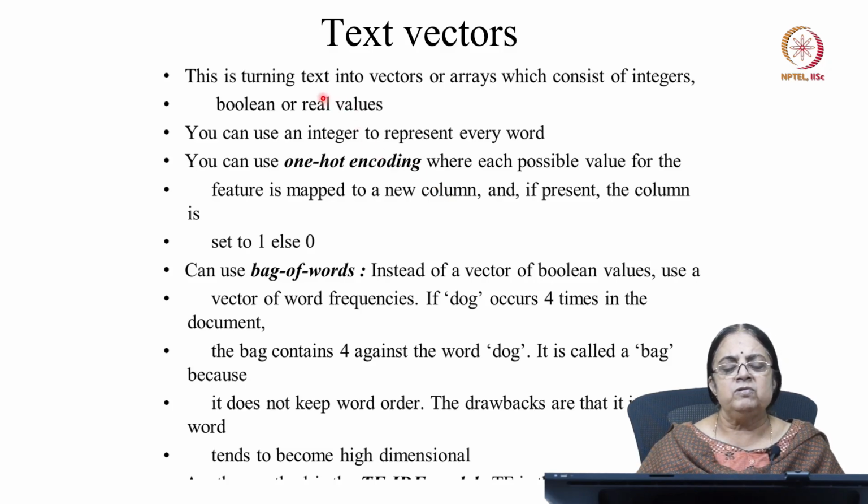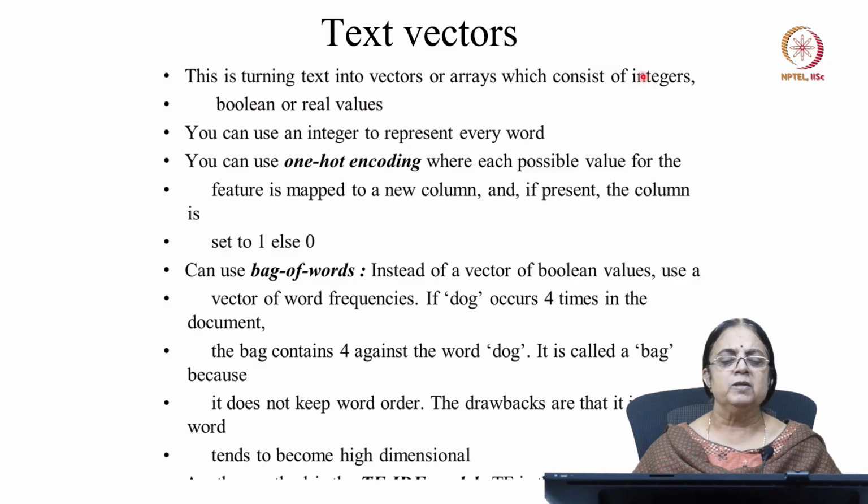What you need to do is turn your text into a vector or an array, which will consist of either integer values, real values or Boolean values. So it could be just zeros and ones, or it could have real values, or integer values.